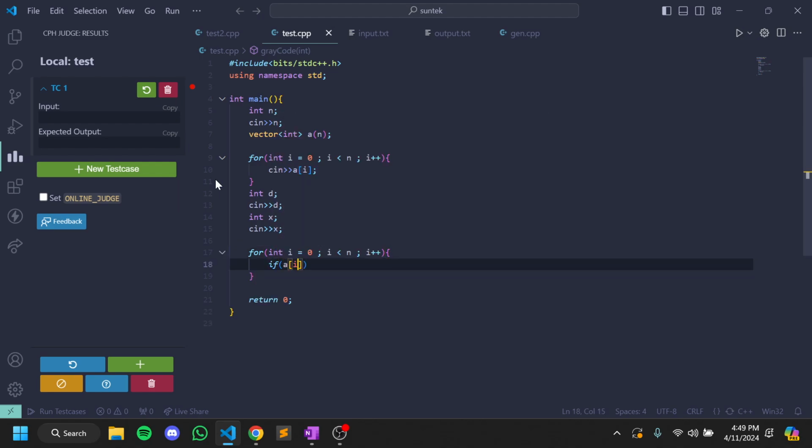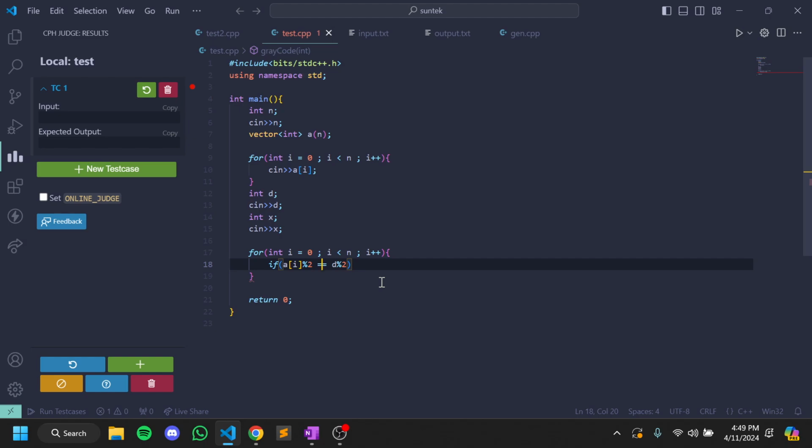Then we'll check if the parity of a of i is the same as the parity of date. If a of i is odd it will give 1, and if the date is odd as well it will give 1. So basically this checks if both of them are odd or both even, in which case it returns true, else false.